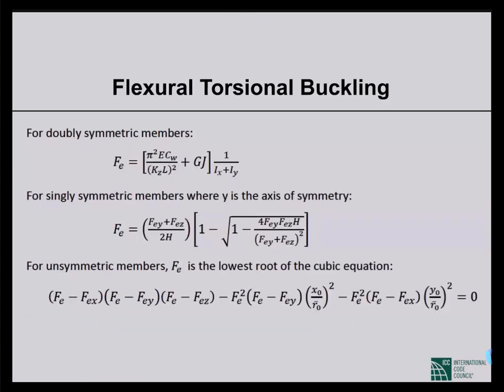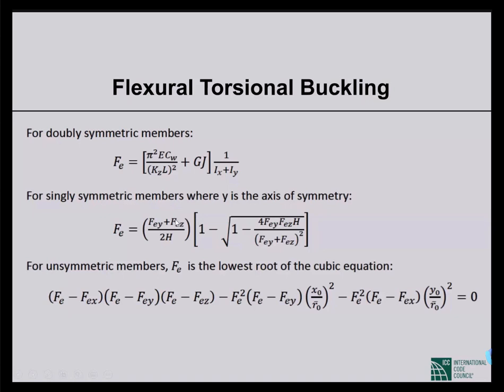For flexural torsional buckling, the formulas become far more complicated. Then we have both IX, IY, all the parameters. For doubly symmetric, we don't have torsional term. We don't have Z terms here, but we have some warping constant here. CW is warping constant.